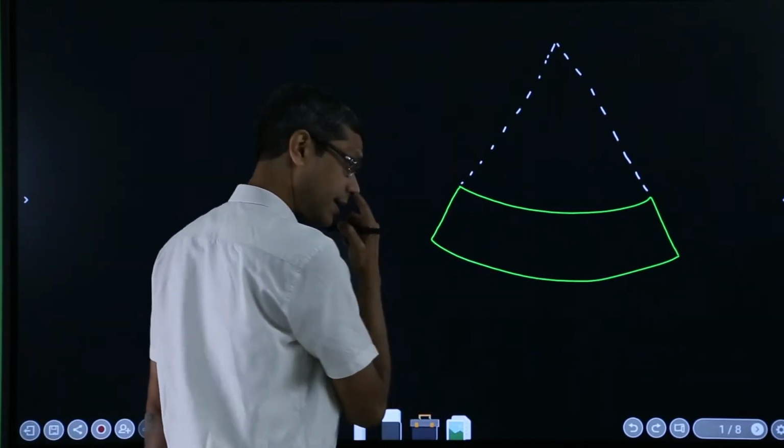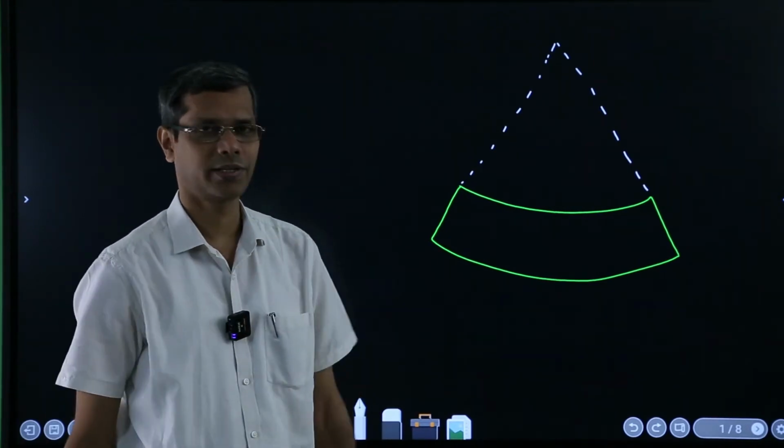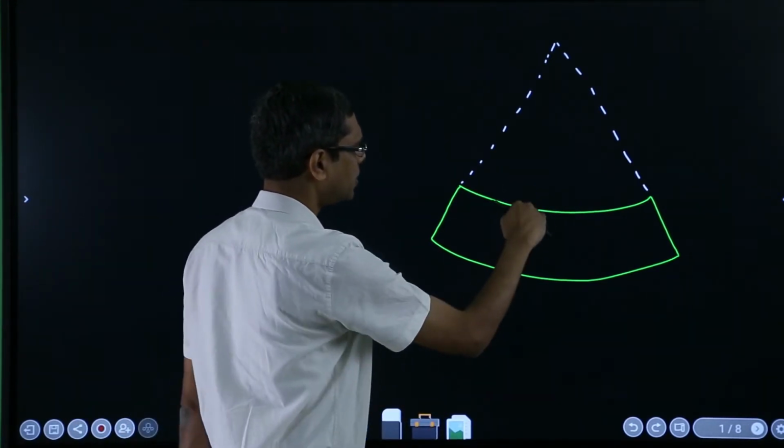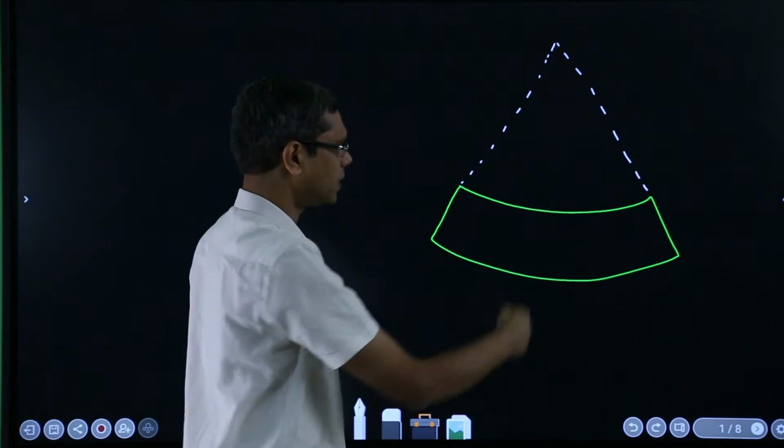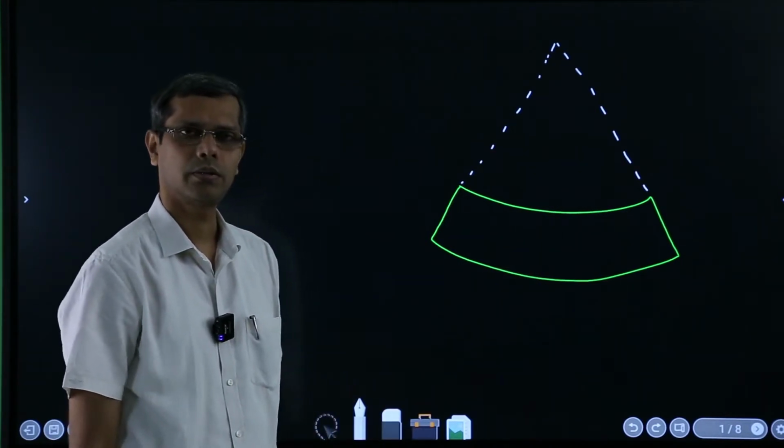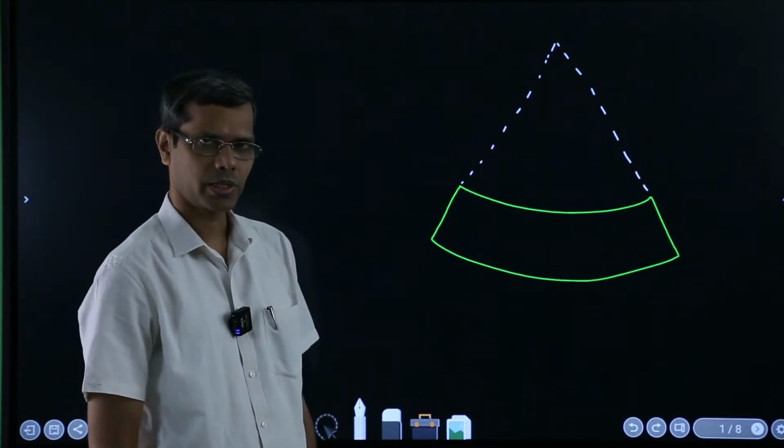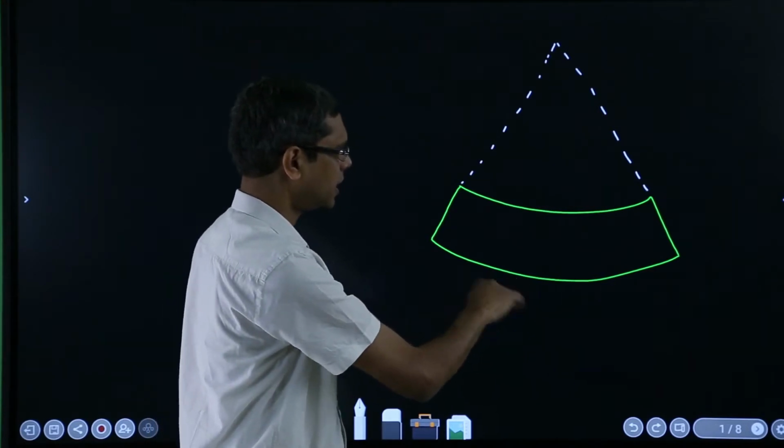We also talked in a qualitative way about why the upper part of this beam will be under compression and the lower part will be under tension.